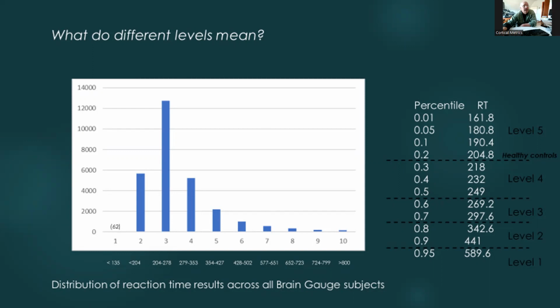Now keep in mind that a lot of the people who have tested on the Brain Gauge are not in the normative healthy values. Everybody that has ever tested is included in this distribution.